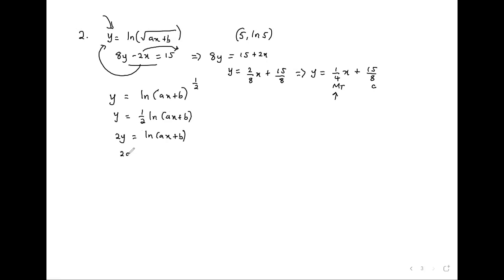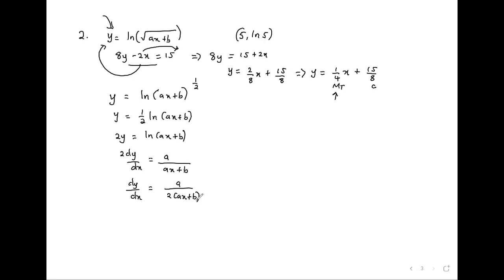So we'll get 2 dy/dx is equal to a over ax plus b. That's how we differentiate. So that dy/dx is equal to a over 2(ax plus b).